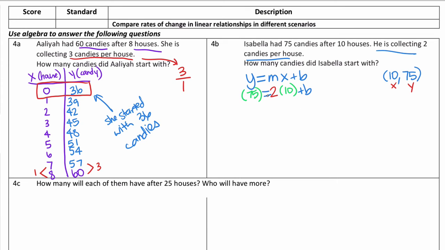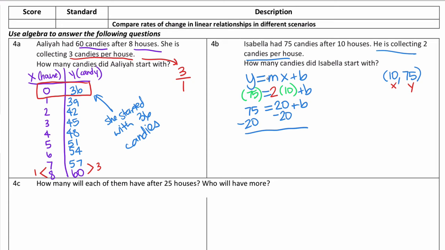Another way I've heard a student say this to me is, oh, so it's 10 houses, 2 candies per house. That's 20 candies I got total by going from house to house. But I know I have 75. So if I take away the 20 candies I collected, I will get back to what I must have started with.